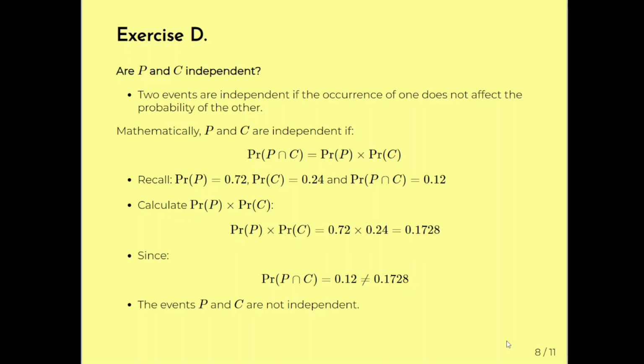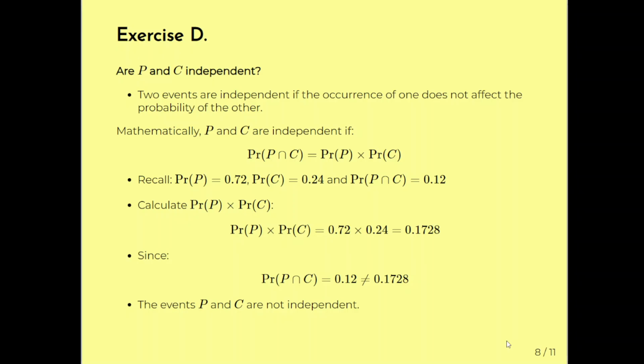Okay? So finally, are P and C independent? Two events are independent if the occurrence of one does not affect the probability of the other. Mathematically, P and C are independent if the probability of P intersection C is equal to the probability of P times the probability of C. So just recall all our probabilities there: 0.72 for Pepsi, 0.24 for Coca Cola, and the probability of both being 0.12.